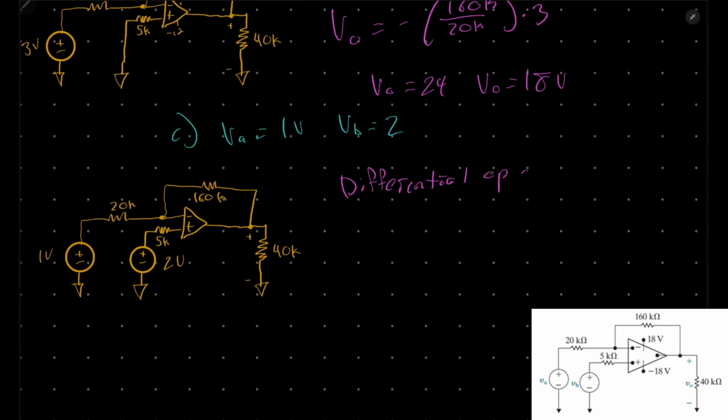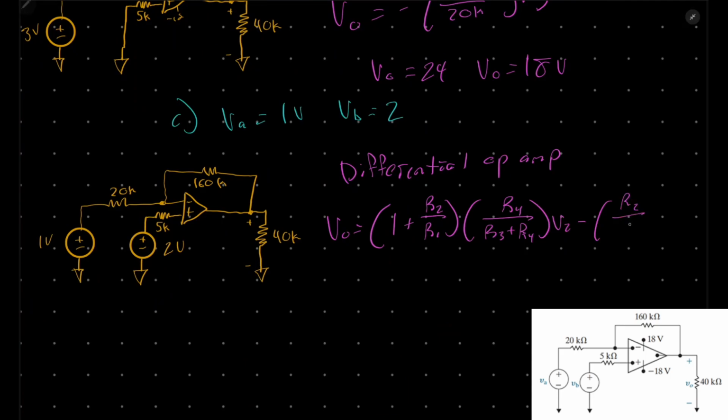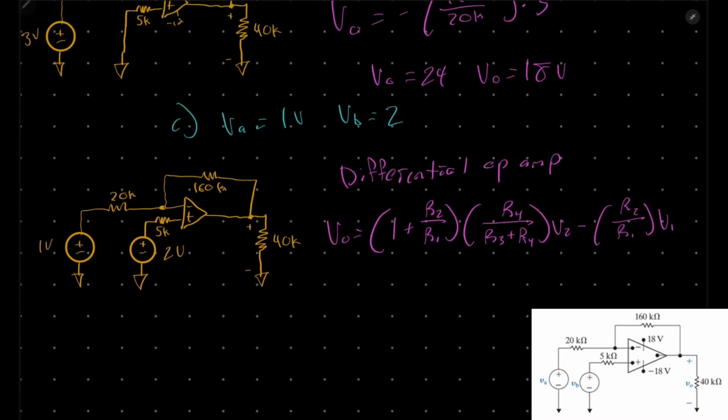The equation for this is going to be V out equals 1 plus R2 over R1 times R4 over R3 plus R4 times V2 minus R2 divided by R1 times V1.